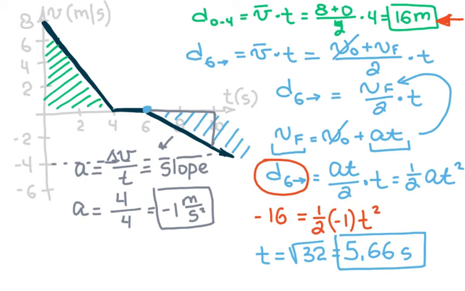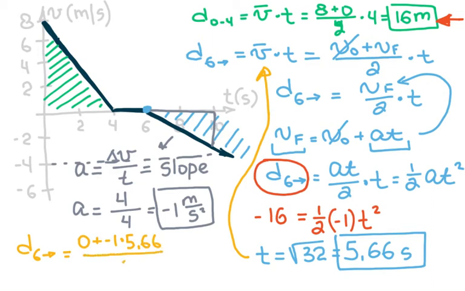So if I plugged it in and check my work over here, I will have the distance from 6 seconds on is equal to average velocity, so initial is 0, final is initial plus acceleration times the time. I know acceleration is negative 1, and the time I just found out is 5.66 divided by 2, and times the time, which is 5.66.